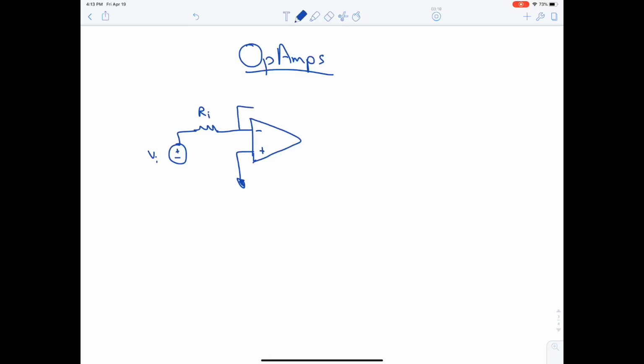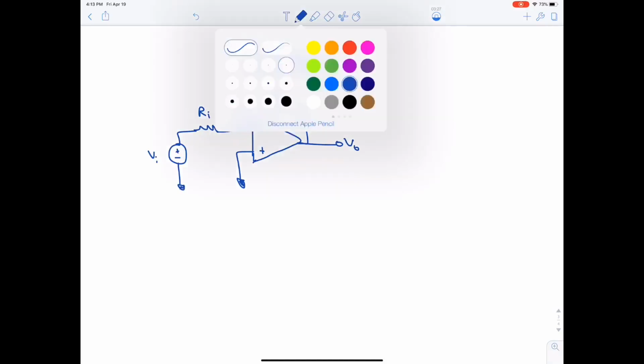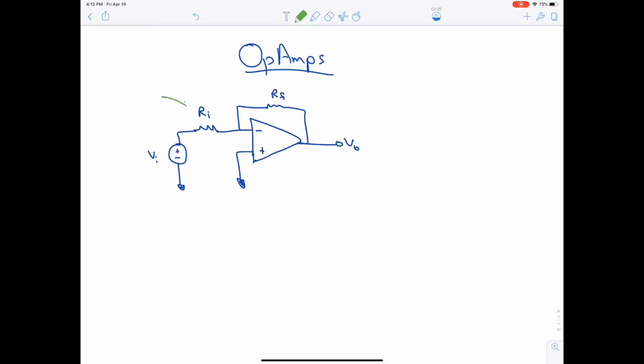There's another resistance here, and this is the output. This resistance we will call the input resistance. This is called the feedback resistance.